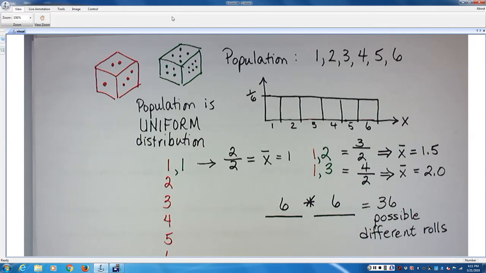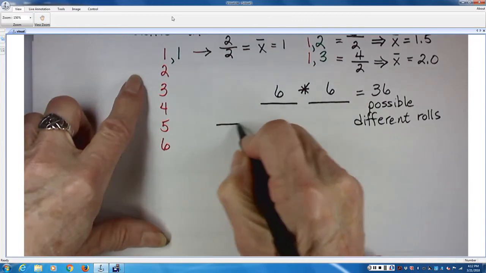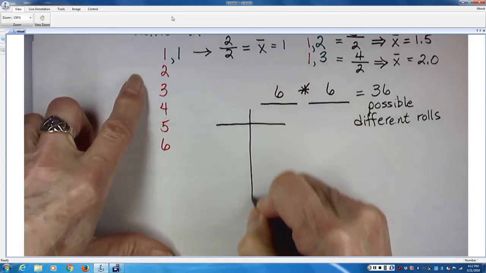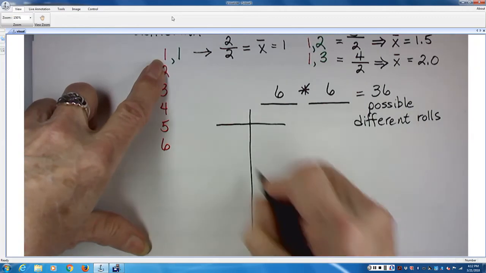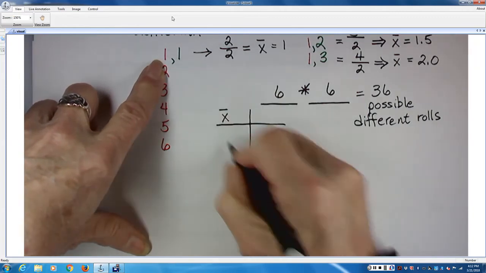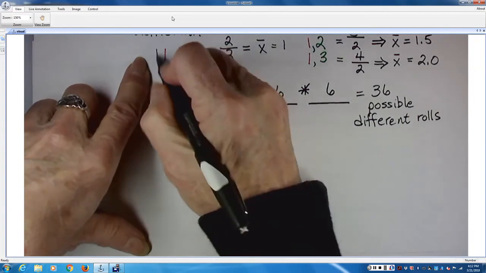We don't want to have to write them all out. What I want you to pay attention to is, and trust, take this on faith for me, please, because we don't want to do this. The lowest possible mean is 1. And there's only one way that it happens.